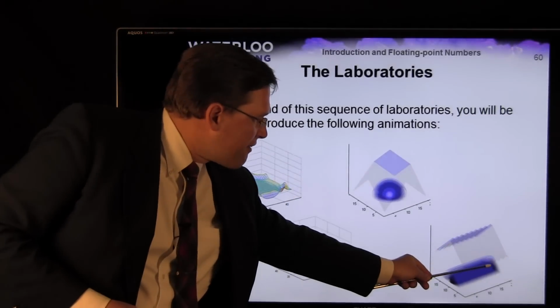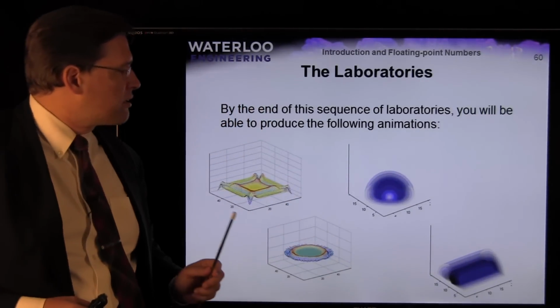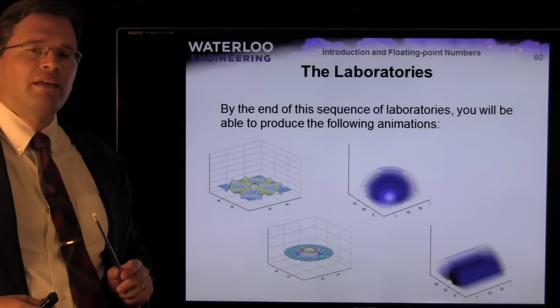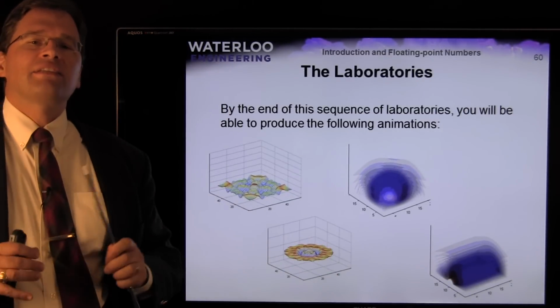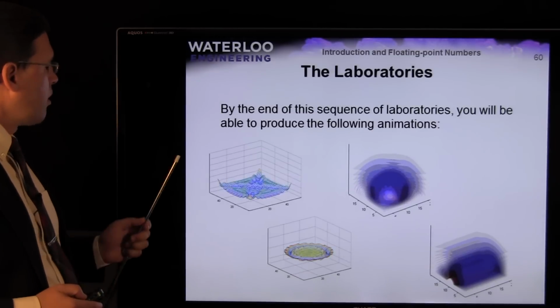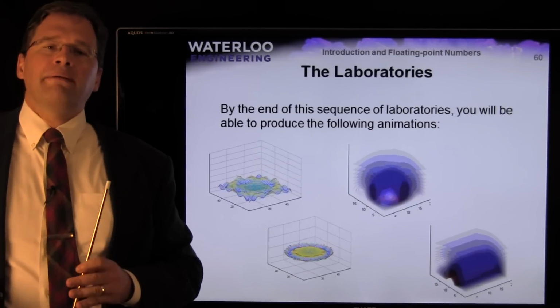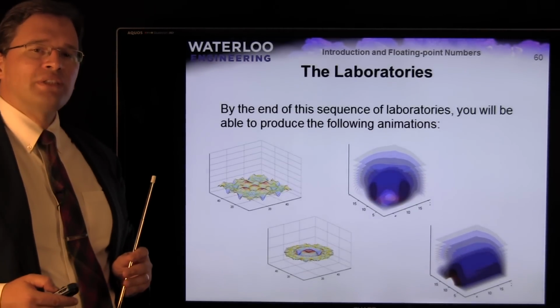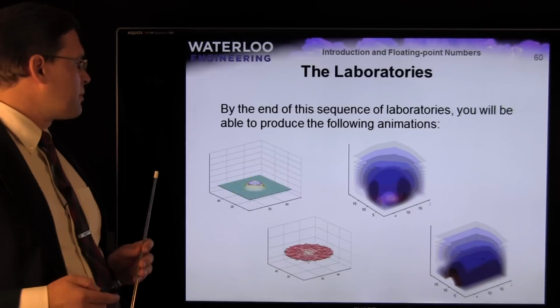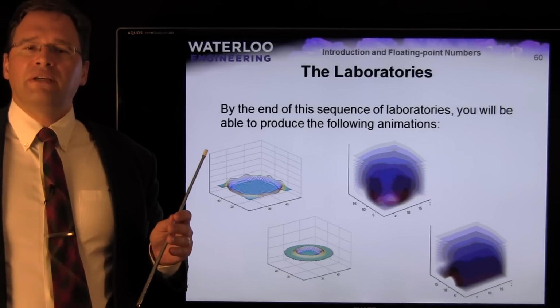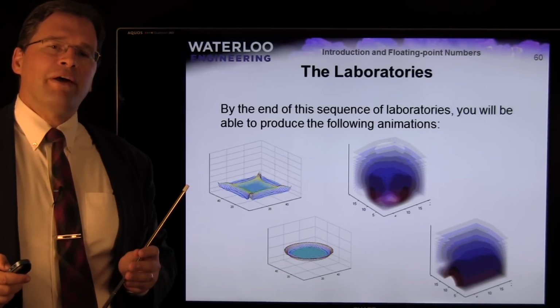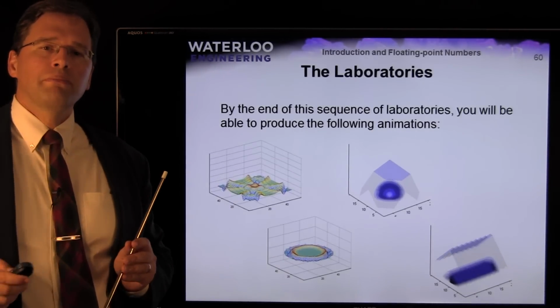And here we have a sequence of heat sources in a line propagating heat through an insulated room. All of these you will be able to generate in your NE 217 class at the end of this sequence. In your third year course, you will then be going into finite element methods, which are even cooler.